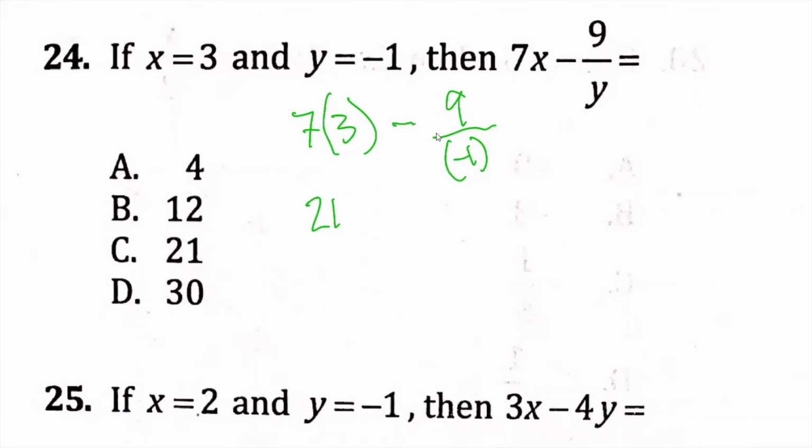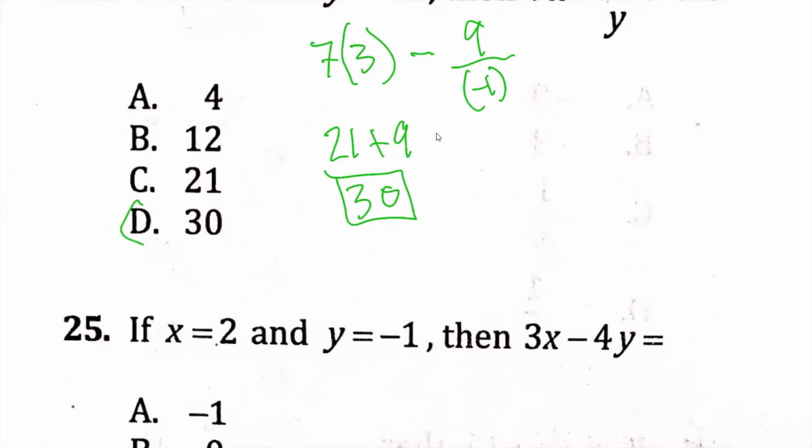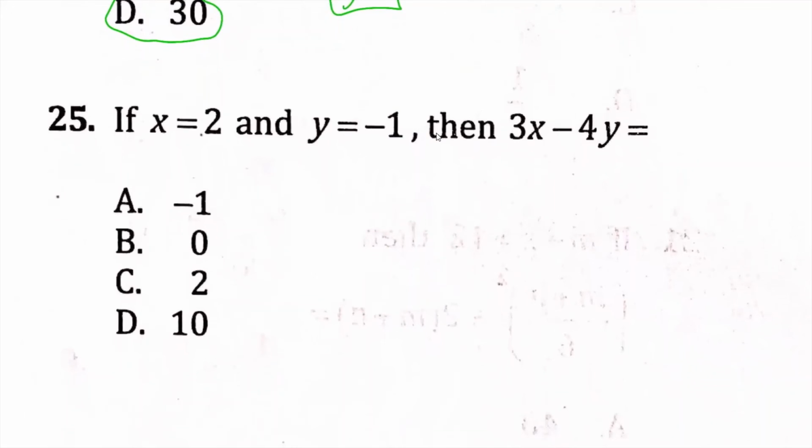Negative times a negative, or negative divided by a negative, it's just positive. 9 divided by 1 is 9. 21 plus 9 is 30. Final answer, D.